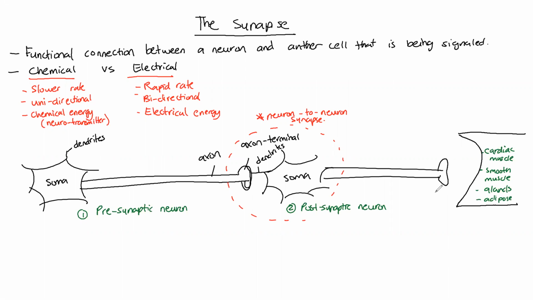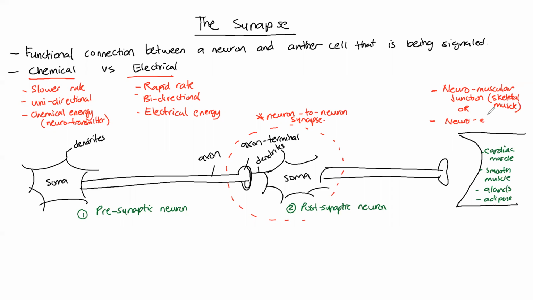So yeah, we were talking about this type of junction. Now this can be either called the neuromuscular junction, if it is skeletal muscle, all right, or the neuroeffector junction. We'll talk all about this in more detail coming up.